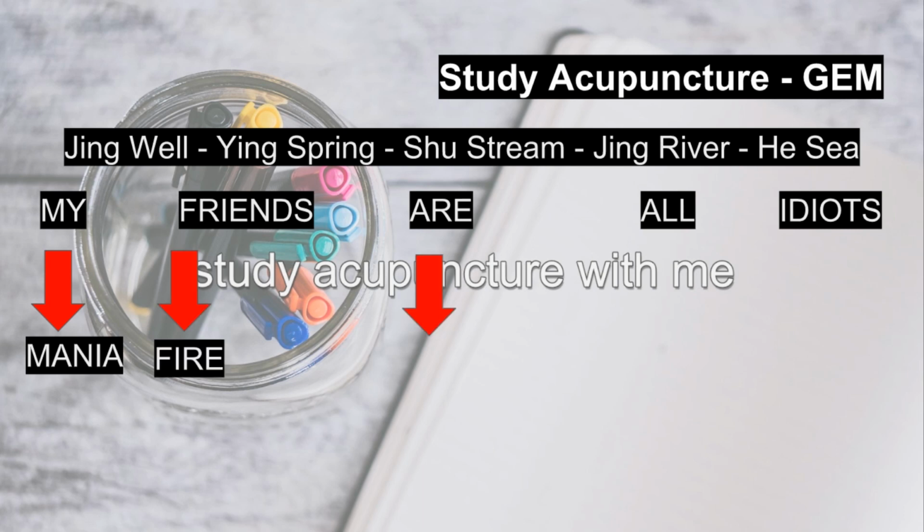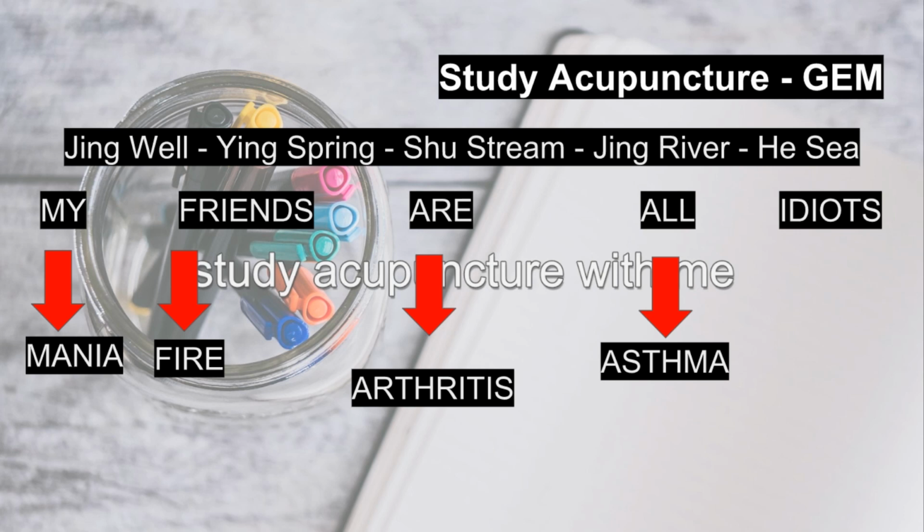Shu stream is good for arthritis or chronic conditions. Jing river, asthma or cough, anything lung related, voice related. And he sea, idiots, the I is for intestine, so any intestinal issues. So the mnemonic again is, my friends are all idiots: mania, fire, arthritis, asthma, intestines.